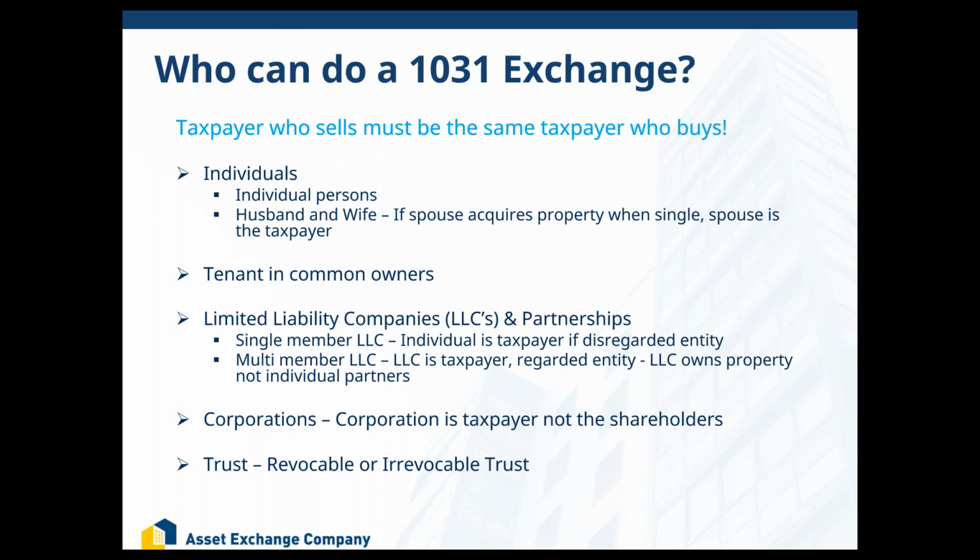Let's say they want to buy 1234 Main Street. So they create 1234 Main Street LLC. Now this is an investment property, but they purchase it in the name of 1234 Main Street LLC. Well, 1234 Main Street LLC is going to be a disregarded entity, meaning they're not going to file a separate tax return for that LLC. Anything to do with that LLC, they're just going to put on their personal taxes.